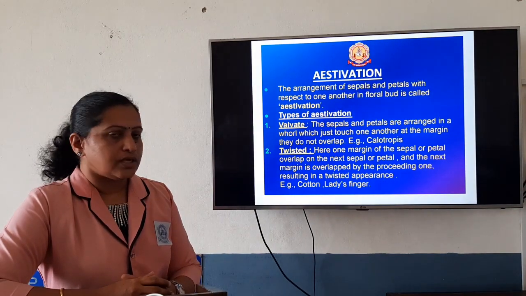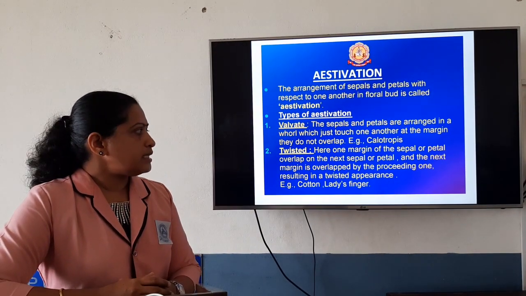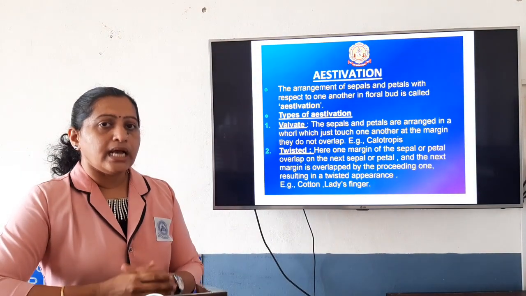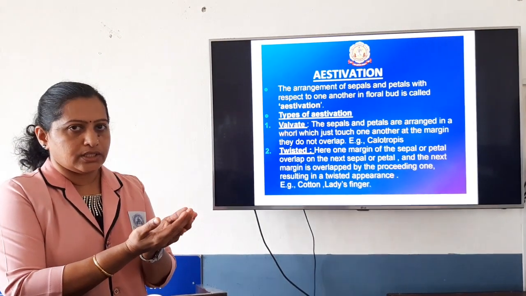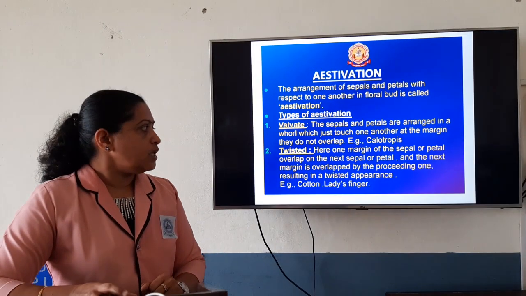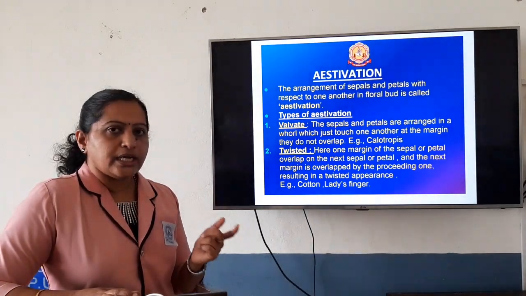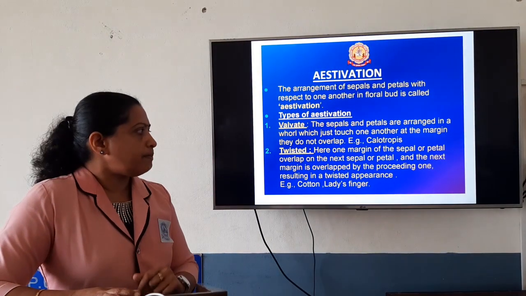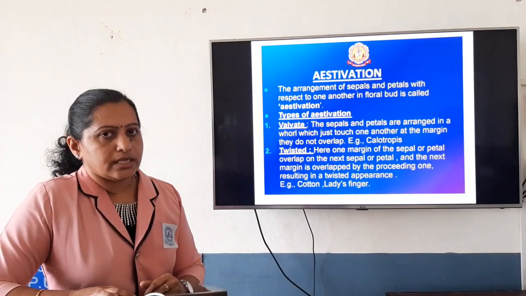Next we will see what is twisted aestivation. In twisted aestivation, the sepals or petals are arranged in such a way that they overlap with each other, at least at one edge. Such an arrangement of sepals or petals is known as twisted aestivation.